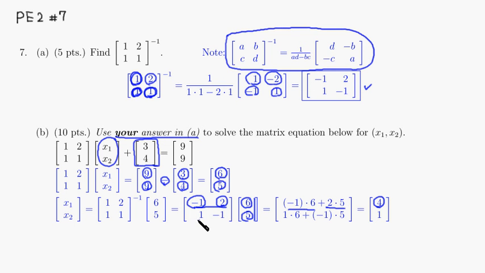Then the second row is 1 times 6, plus negative 1 times 5, so 6 minus 5, it's 1. Therefore, x1, x2 is equal to 4, 1. That's it. I hope that this was clear.